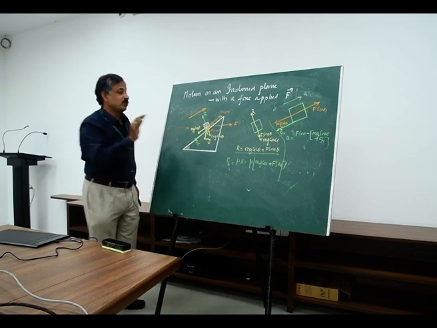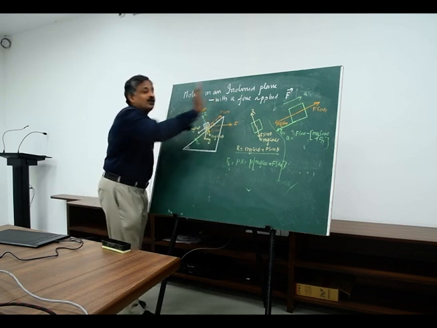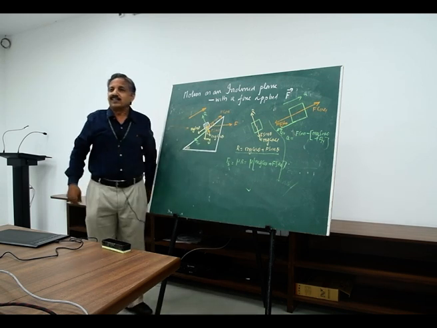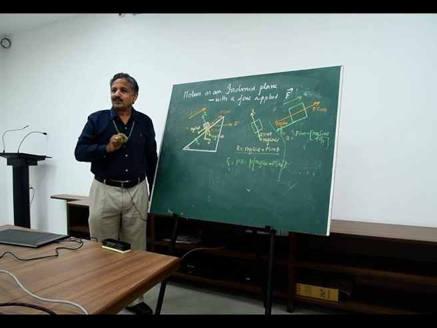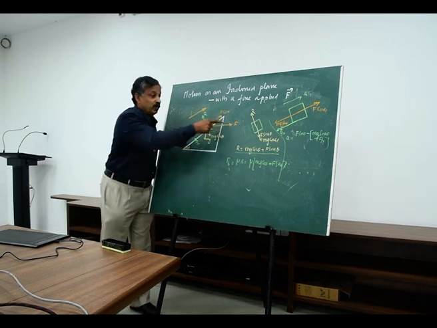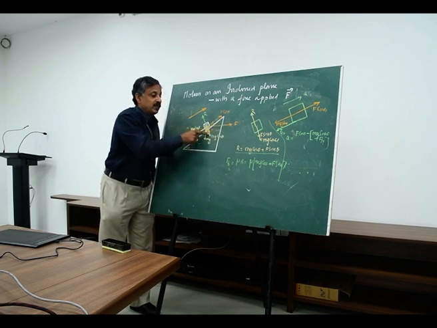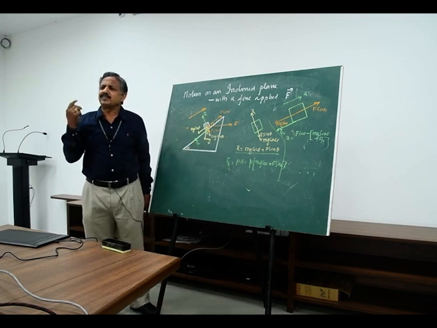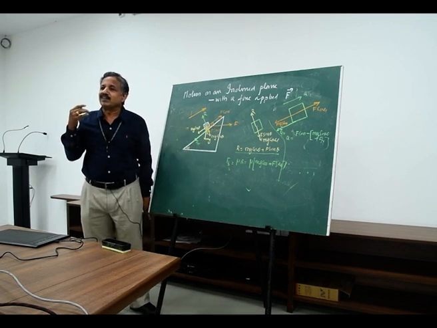So if you want to push the child, what do you have to do? Push it parallel to the surface, don't push it horizontally. If you push horizontally, the child finds her dress getting torn. The reason is it experiences more friction. Why? Because you have applied a force, a component of which is acting downward, increases the reaction, increases the friction. Friction is always a devastating force. It's a necessary evil.